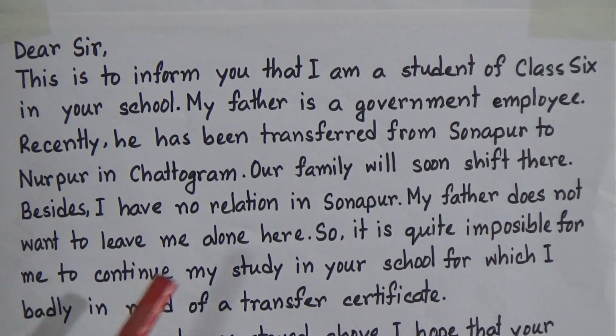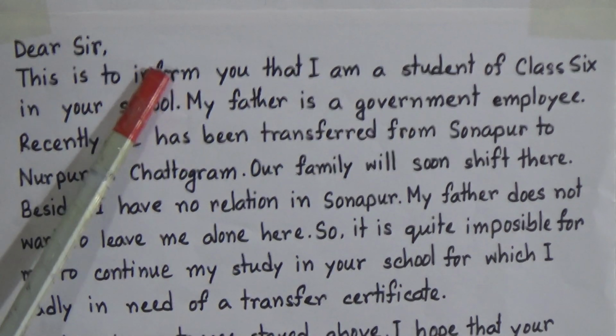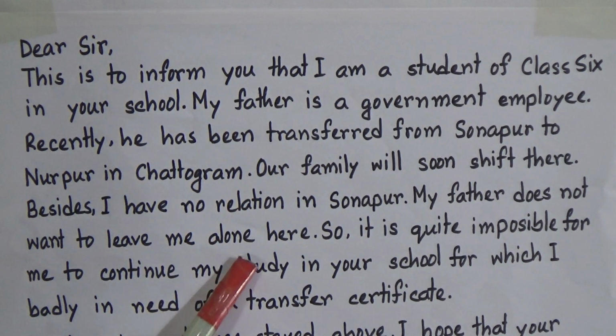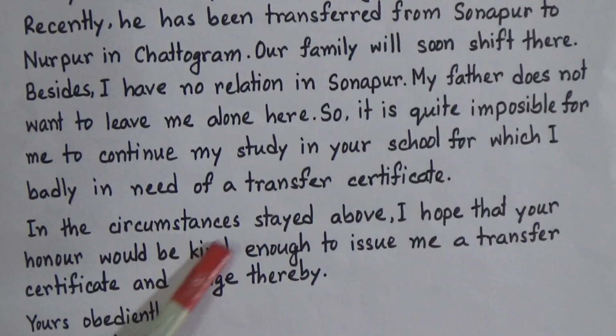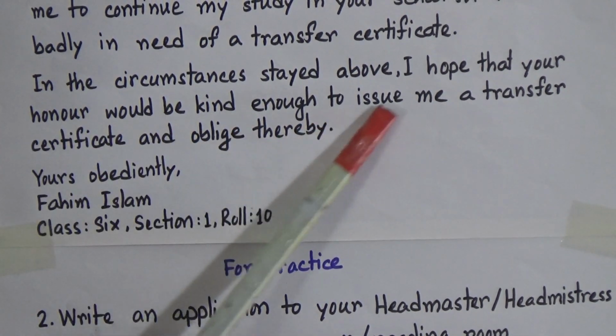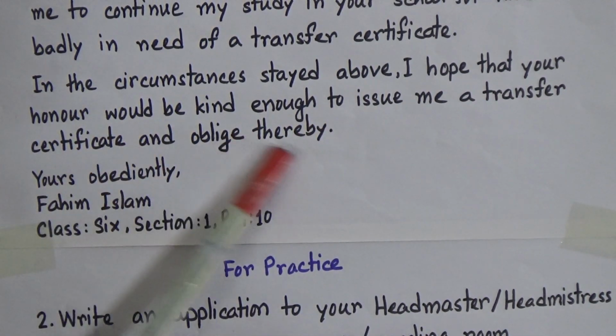And now in an application there will be 2 paragraphs. In the first paragraph you will write the cause of your application, and then you will go to the next paragraph. In the circumstances stated above, I hope that your honour would be kind enough to issue me a transfer certificate and oblige thereby.